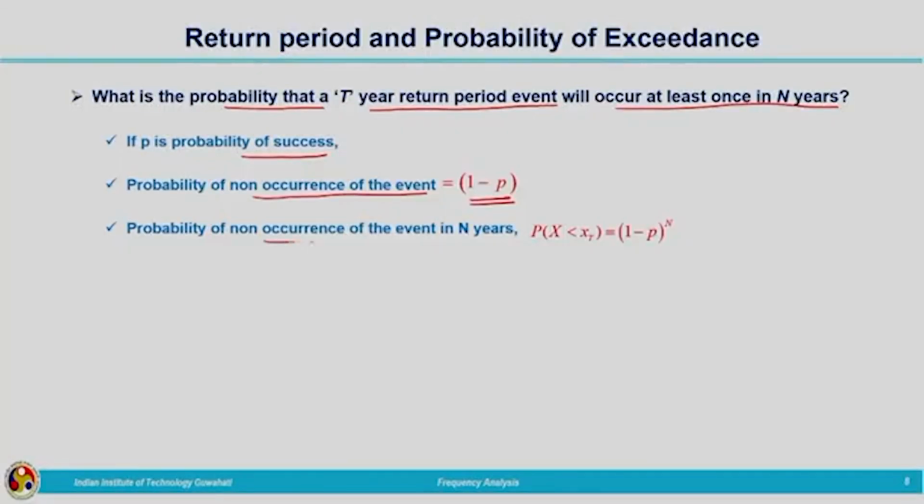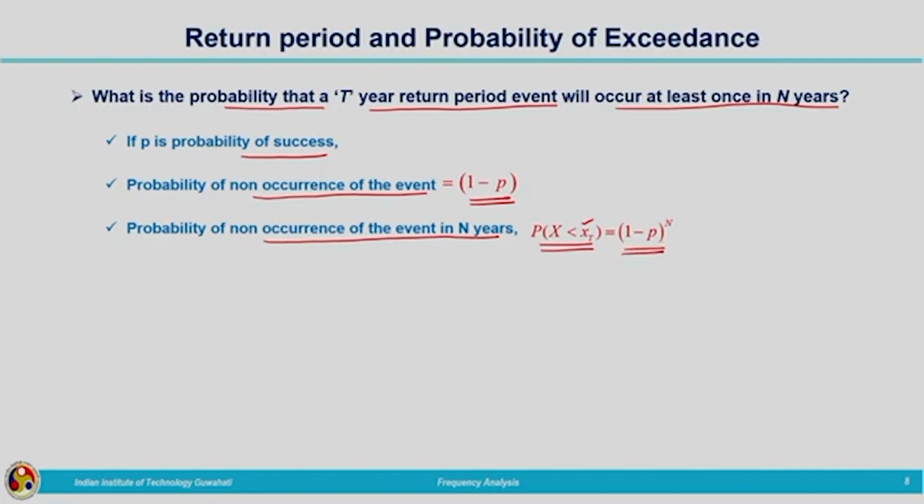Now, probability of non-occurrence of events in n years can be represented by (1 minus p) to the power of n. That is, probability of non-occurrence in 1 year is 1 minus p. So, the probability of non-occurrence of the event in n years, that is P(X less than x_T), where x_T is the threshold value corresponding to that particular random variable, can be written as (1 minus p) to the power of n.